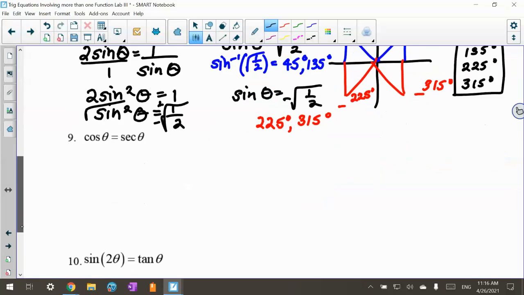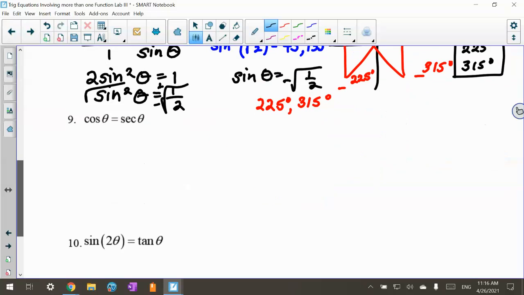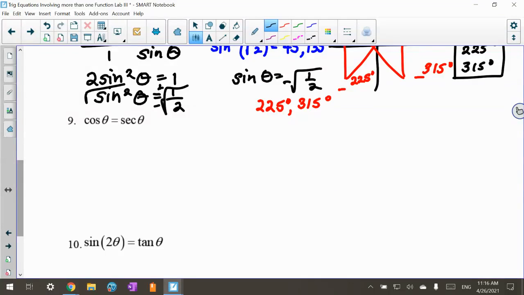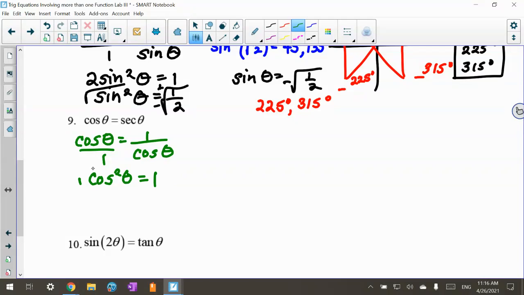Okay, number 9. Again, cosine is my building block, so I'm going to look at secant. I can write it as 1 over cosine. Then I can cross multiply. So now I know cosine squared of theta equals 1. Take the square root of both sides.